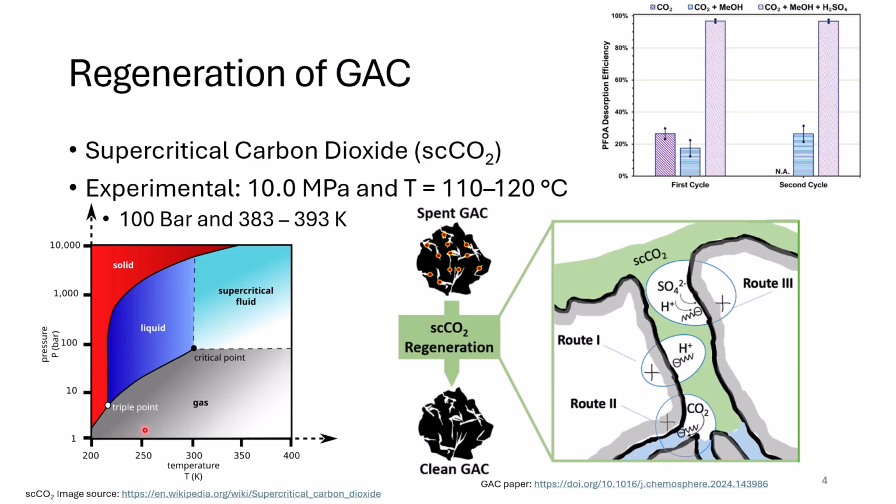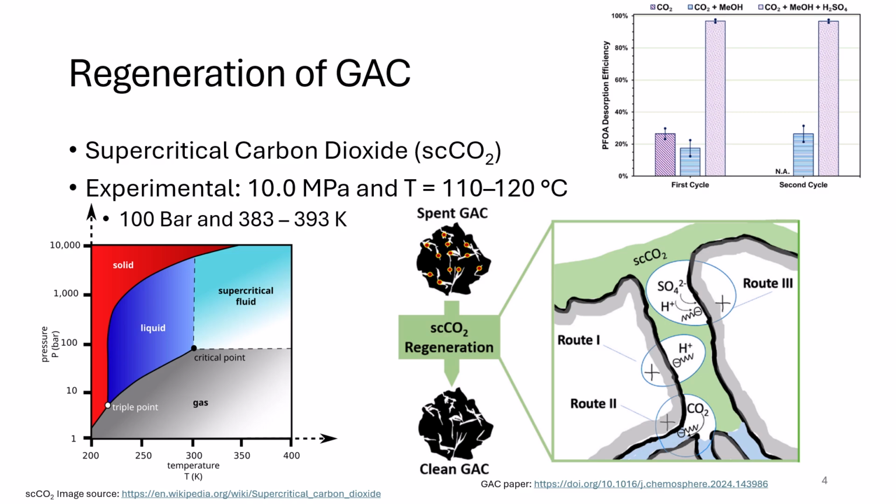The CO2 just evaporates, it goes away, right? And now you're just left with this gaseous PFAS. This paper doesn't talk about what it does with the waste, and I kind of wish they did.